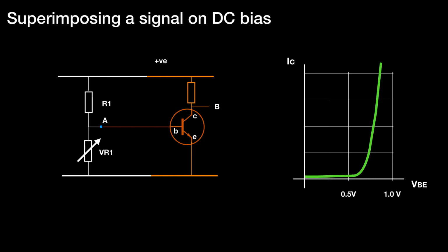By altering VR1 we will get that curve which we are so familiar with. When VR1 is set to 0, the base will be grounded and we will see no current. As we increase VR1, gradually the base will increase in voltage until we get to somewhere like 0.6 or 0.7. We will see the knee and then increasing IC as we continue to turn the knob.